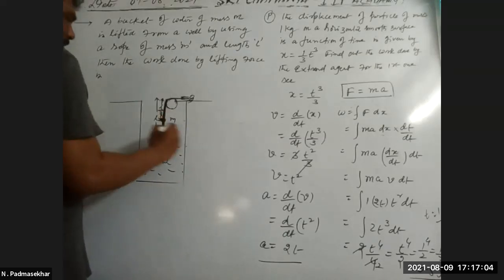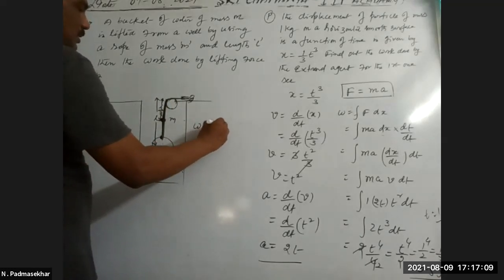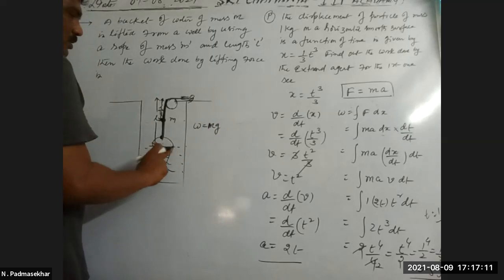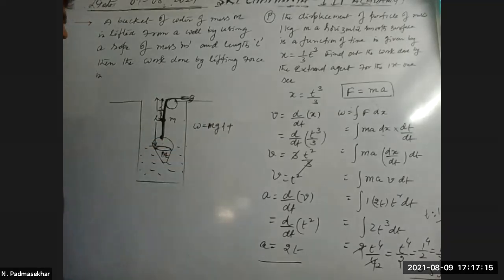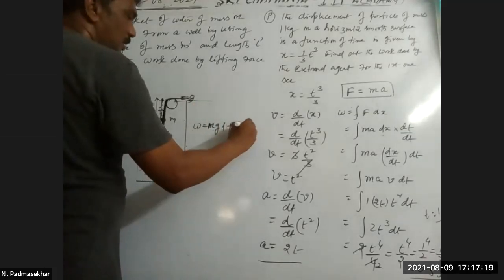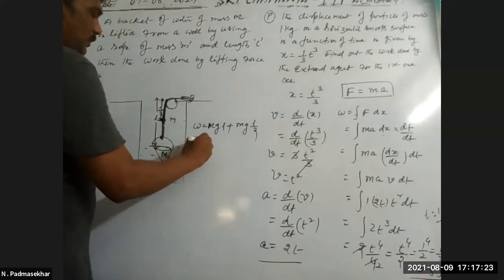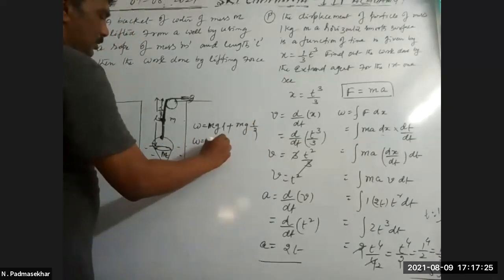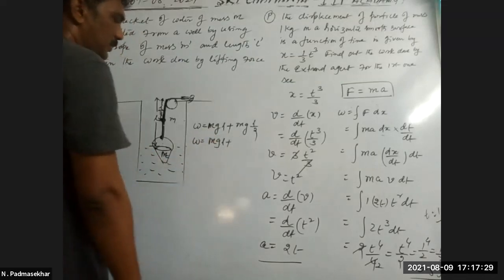అంటే హియర్ ద వర్క్ డన్ ఈజ్ ఈక్వల్ టు, because of bucket mass there is a Mg, the force into displacement is L, plus the rope mass, this is mg L/2. So this W is equal to MgL plus mg L/2.